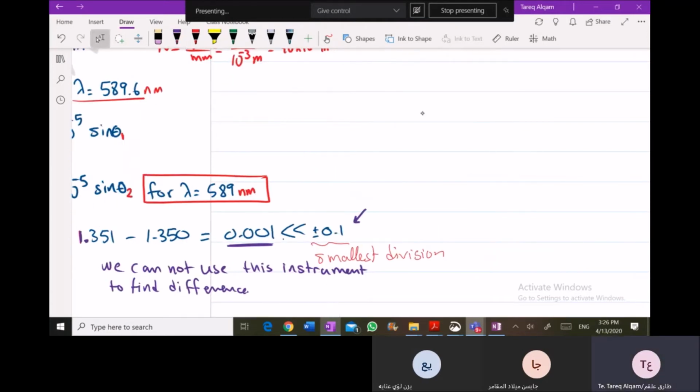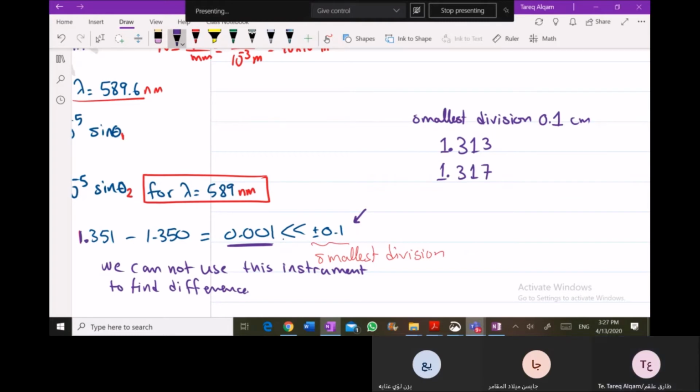In our ruler, the smallest division is what? 1 or 0.1 centimeters? Guys, if I have two lengths like this, using a ruler, can I see any difference?